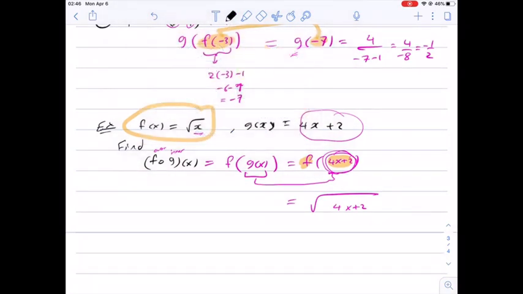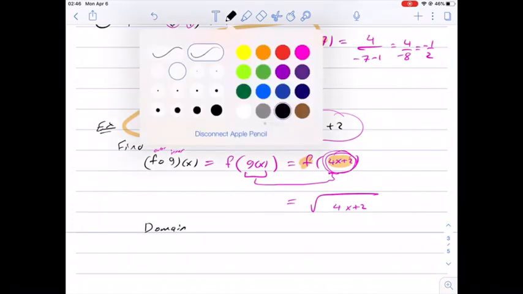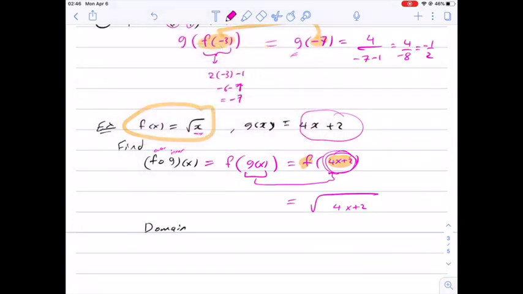Now if we want to find the domain, what is the domain? The domain of this new function is that since we have a square root, this is defined when the inner expression is greater than or equal to 0. Now we solve for x.